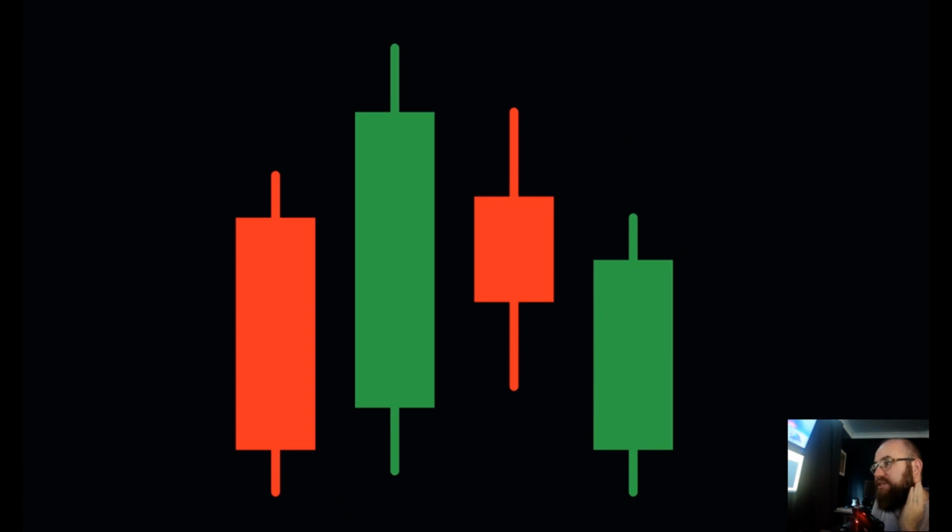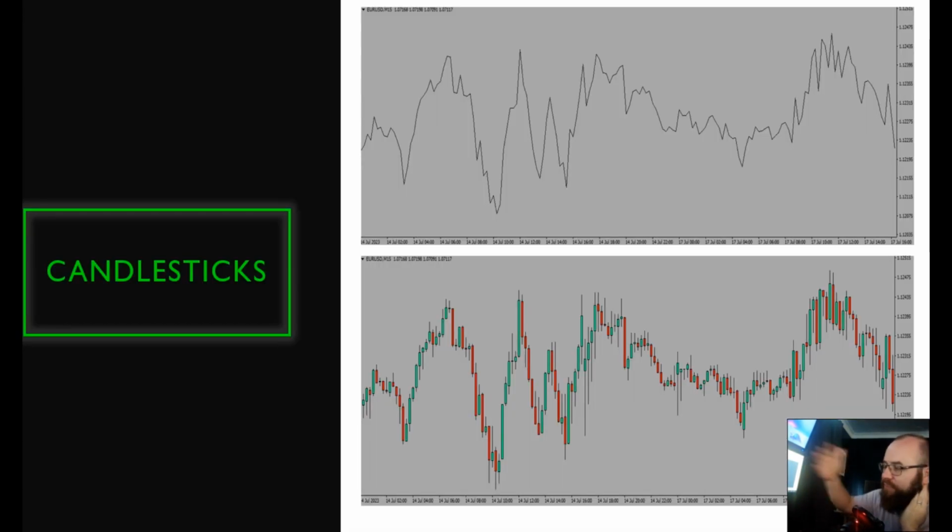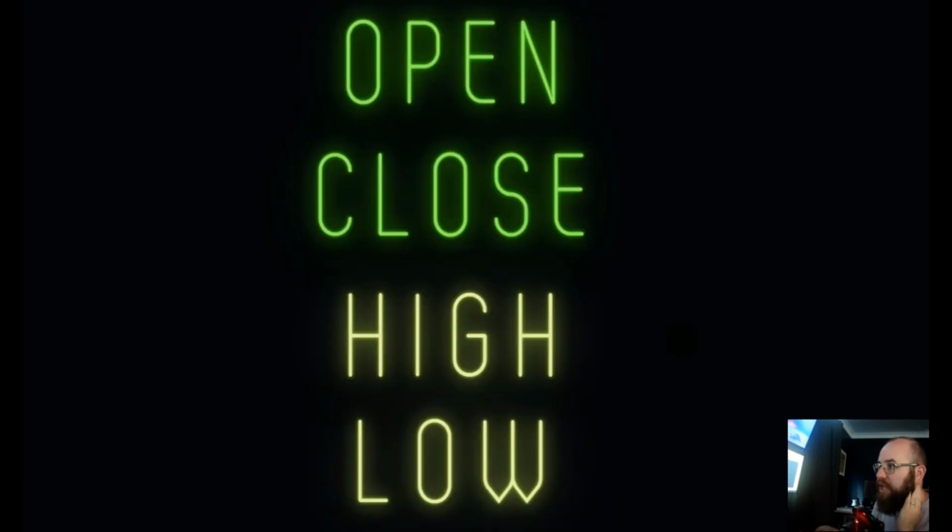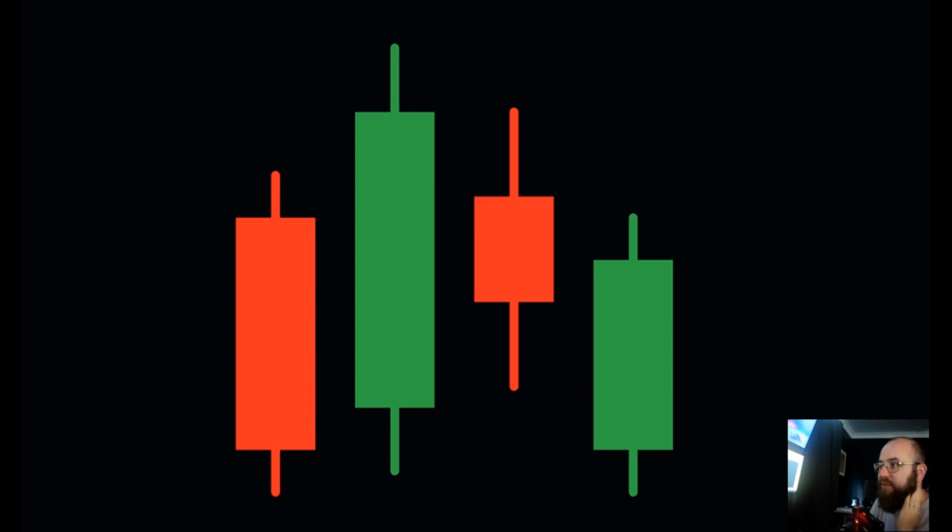So this is what the candlesticks look like closer up. So going back to my chart, I'm going back and forth a lot in this video. I do apologize, but looking at this chart, at these candlesticks, there's lots of candlesticks on this chart. If we zoom in, this is kind of what they look like. These big rectangular shapes are the candle bodies, and the lines above and below the rectangular shape are the candle wicks.